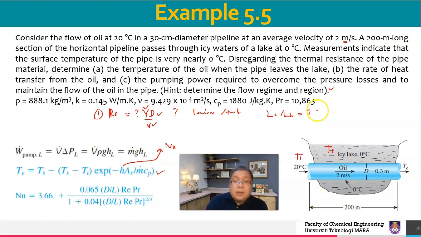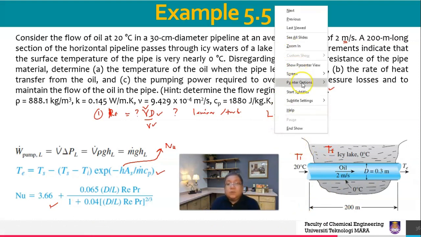Let's say the L is 20, and your length is 200, so of course it is in the developing region, the entrance region. So when in the entrance region, you can use this formula.